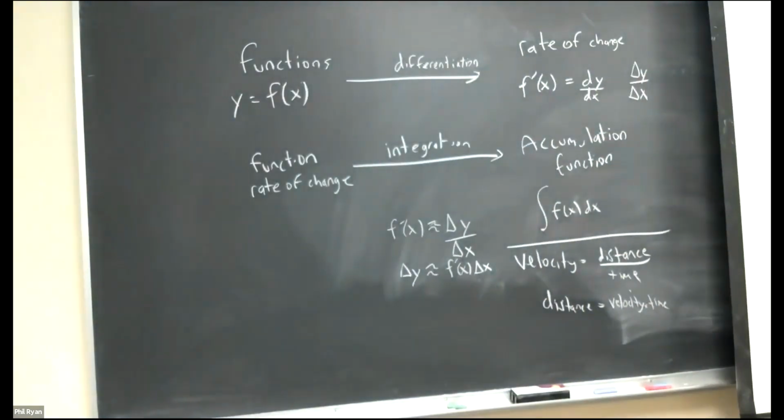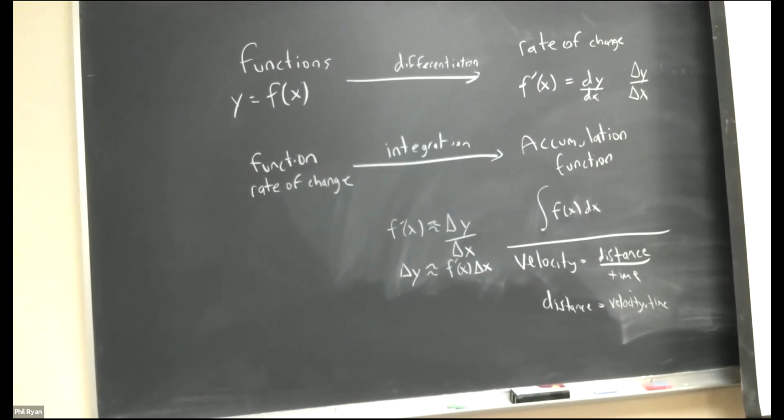So if we go 30 miles per hour for an hour, then we travel 30 miles. Just like if we travel 30 miles in an hour, we're going 30 miles per hour. It's the same thing going back and forth.